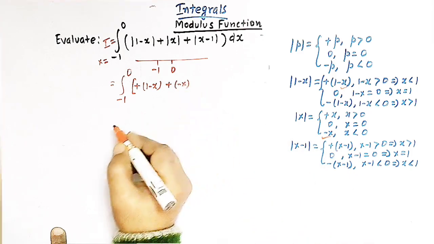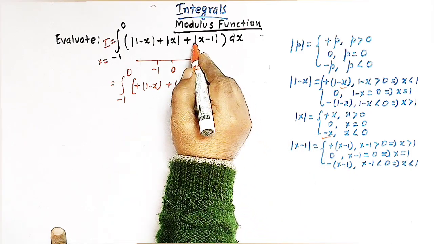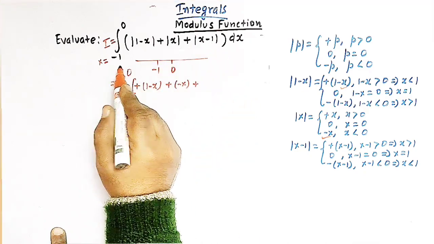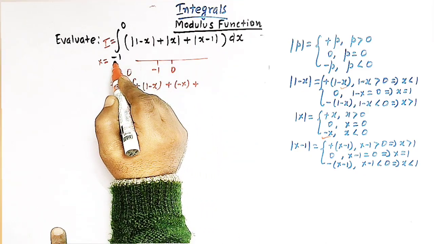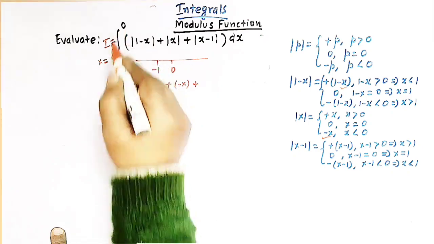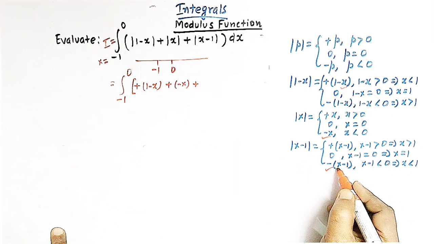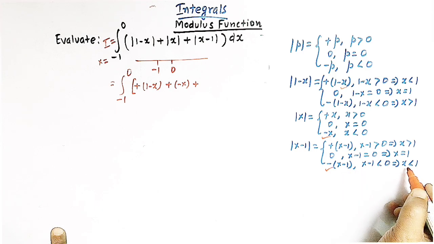So here we have negative x, and then we have mod of x minus 1, right? Now see here again x lies in the interval -1 to 0, and here mod of x minus 1 is negative of x minus 1 for all x which are less than 1.